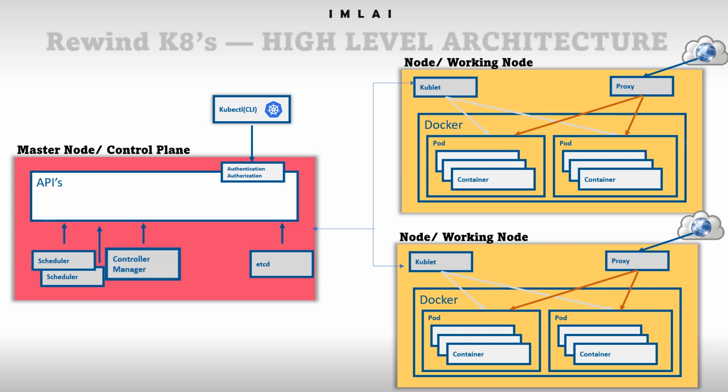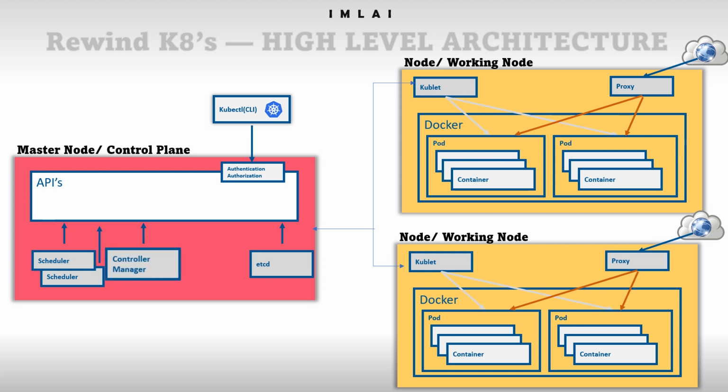So similarly, in Kubernetes, controllers are control loops that watch the state of your cluster, then make or request changes where needed. Each controller tries to move the current cluster state closer to the desired state.